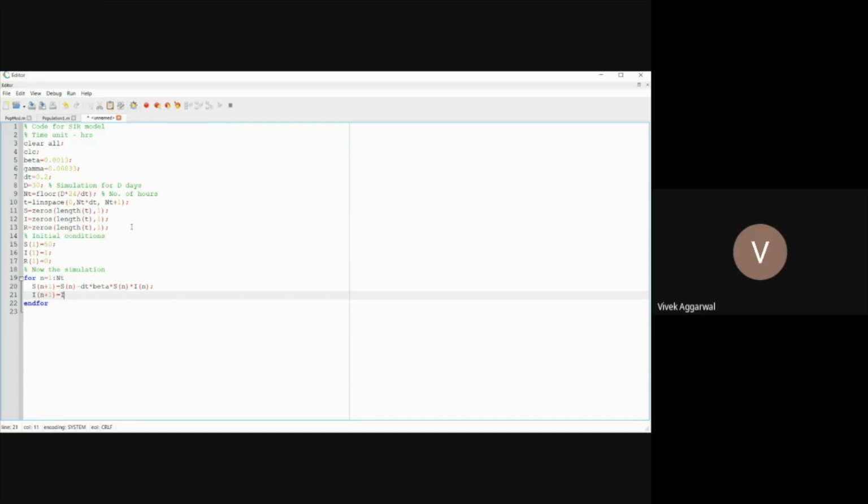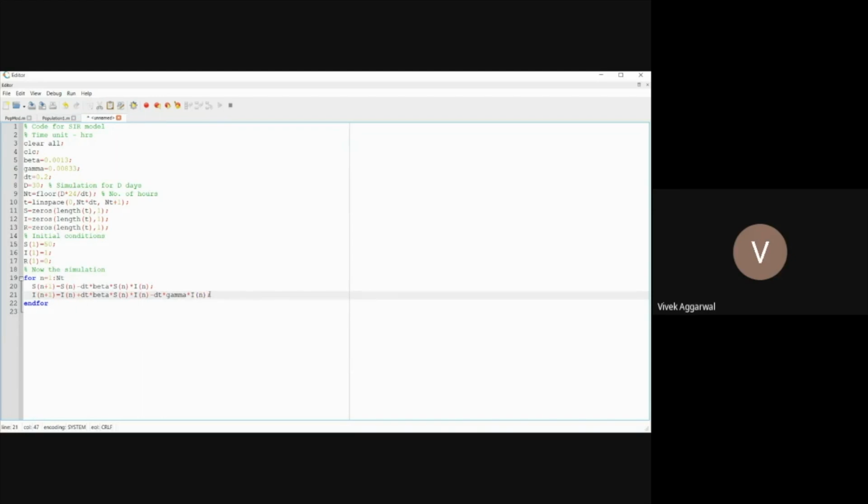Then I will find I at n plus 1. So that is equal to I n plus dt multiplied by beta multiplied by S n star I n, and then minus dt star gamma, whatever gamma value I have defined. So this is dt into gamma star I n.